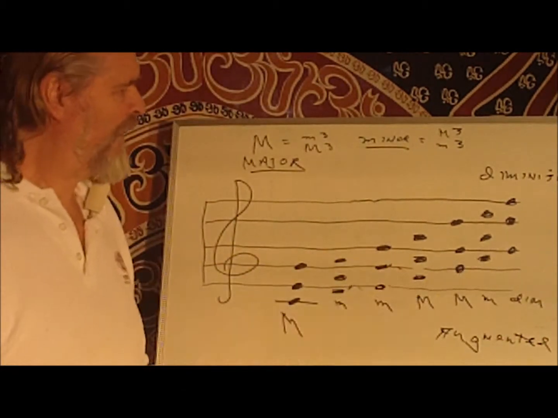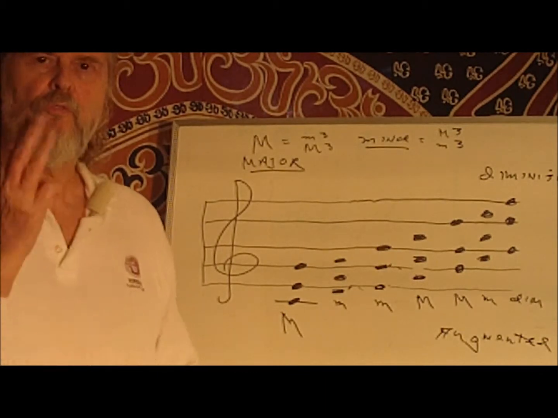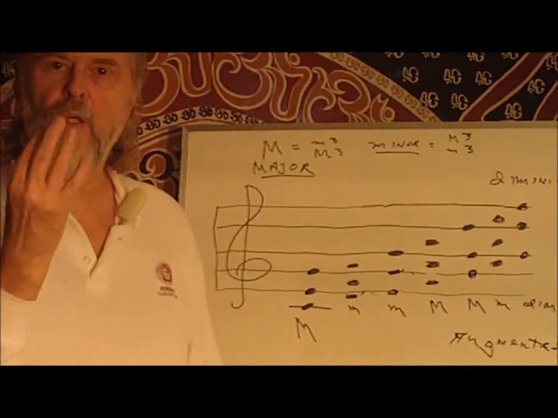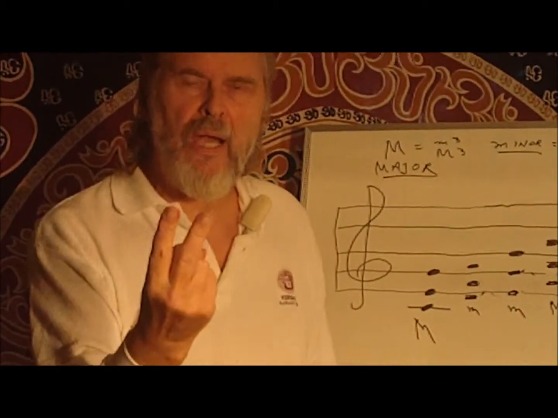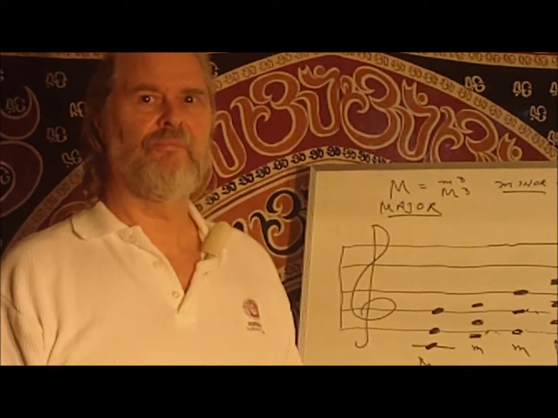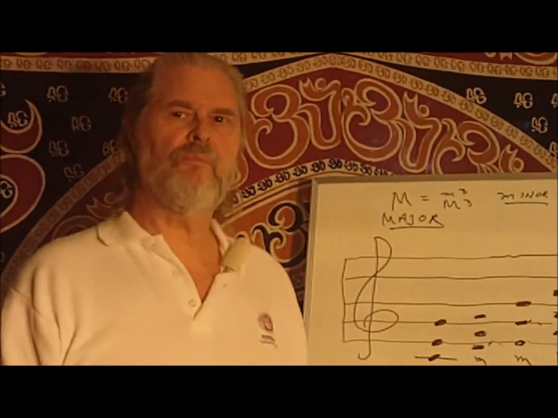Major, minor, diminished, augmented. 4 chords. That's it. There's no other chords. There's 4 chords. Major, minor, diminished, and augmented. Now go over this again so you have it in your head, because the next part might be a little trickier.